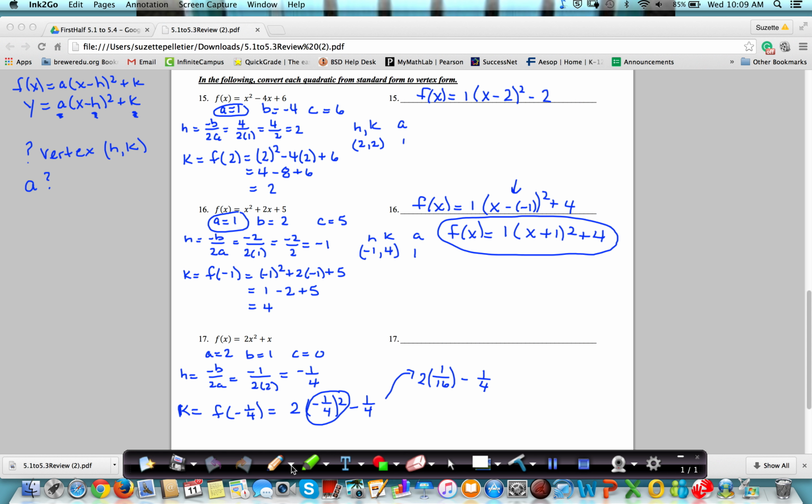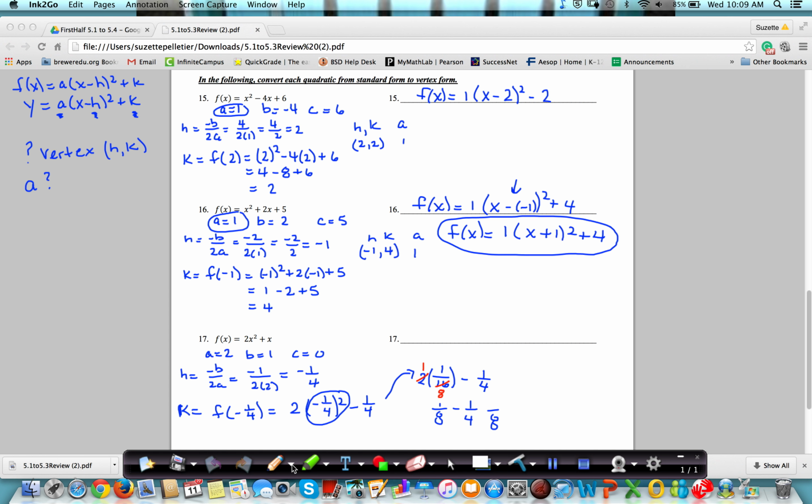And then now I'm going to do some canceling. So 2 goes into 2 once, and 2 goes into 16 8 times, which means I now have 1/8 minus 1/4, and I can't simplify them unless I have common denominators. So I'm going to change this one to eighths.